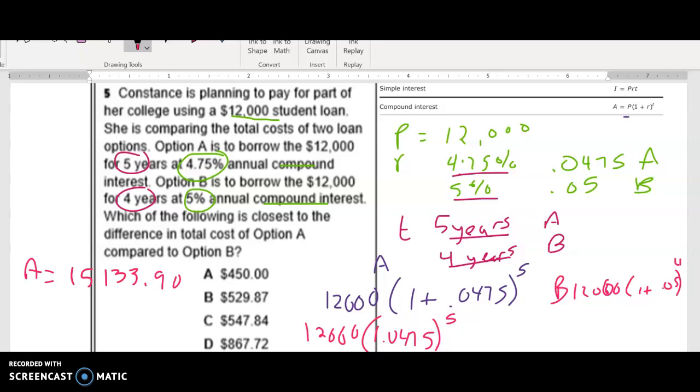Okay, and option B, when I do this one, is 12,000 times 1.05 to the 4th, and that becomes 14,586.10.